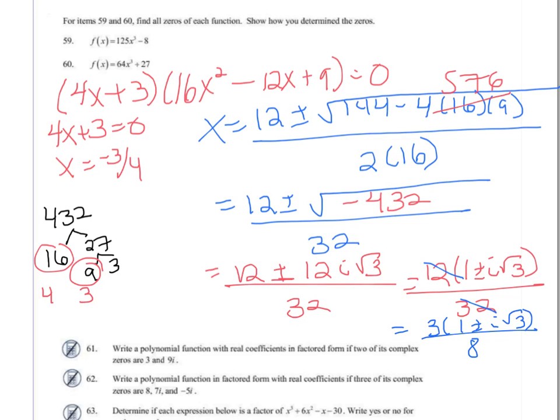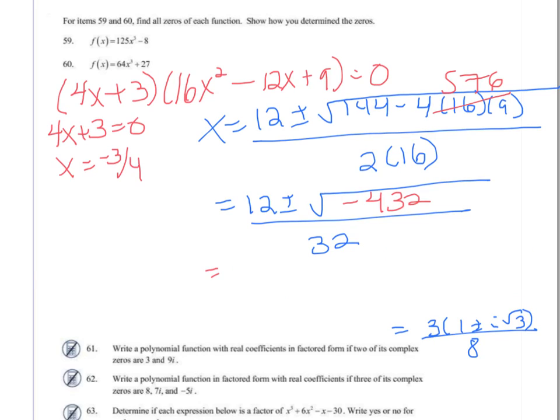Now to finalize that zero, what I'm going to do is distribute that 3 back in, so the other zeros are 3 plus or minus 3i root 3 all over 8.